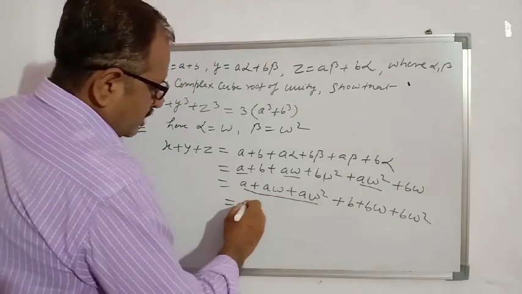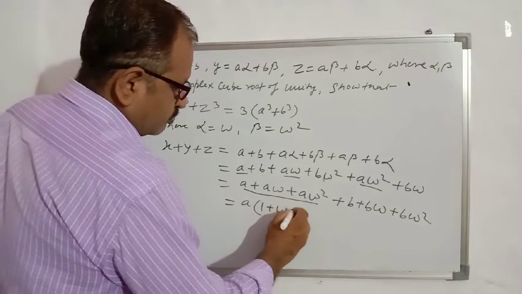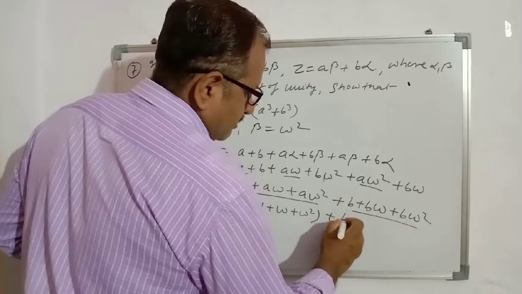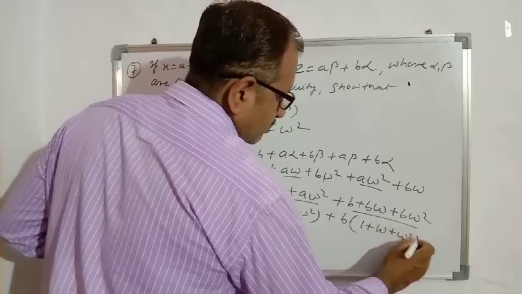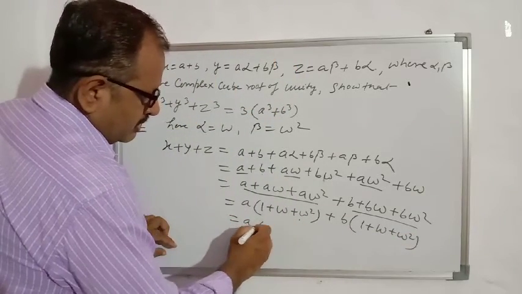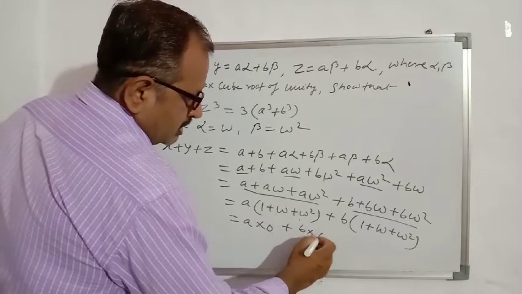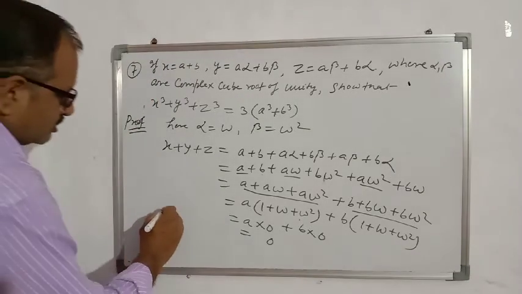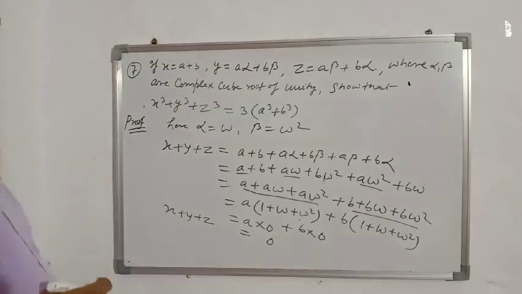We can take a common from the first 3 terms, and we get 1 plus omega plus omega square. And for the last 3 terms, b common, 1 plus omega plus omega square. What is this value? 1 plus omega plus omega square is 0. It is also 0. So x plus y plus z is equal to 0.